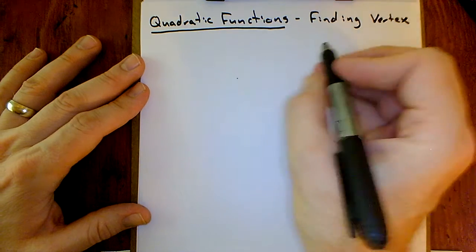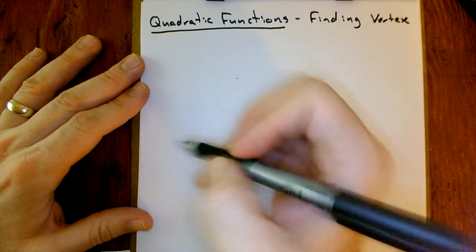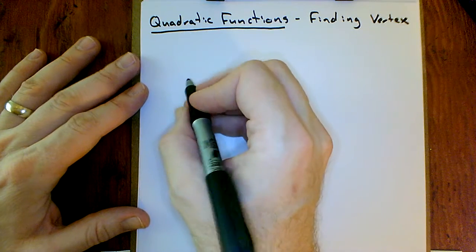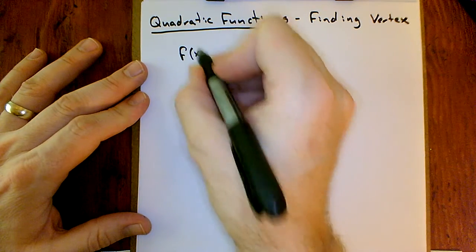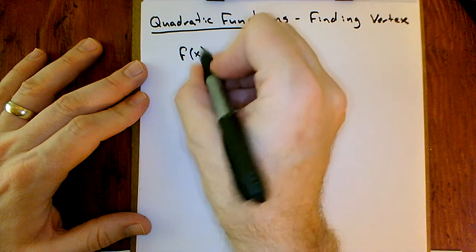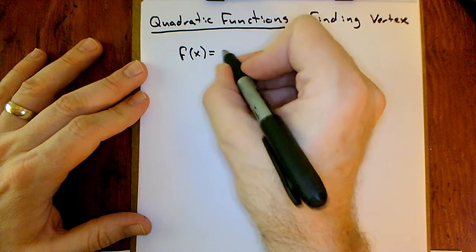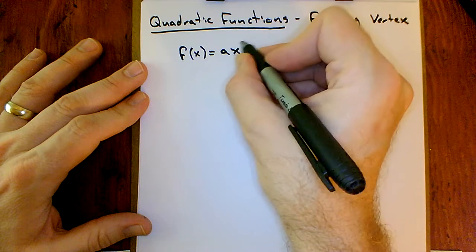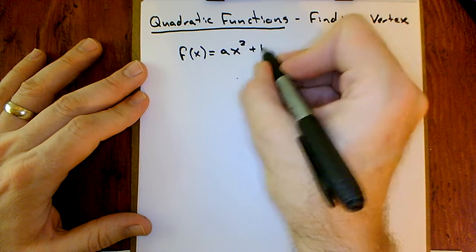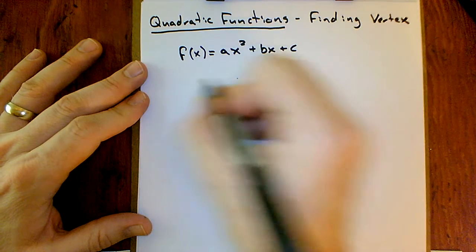And incidentally, this is one of the things that we can use to also help us convert between our two forms. So recall we had our standard form of a parabola, which was our standard quadratic function: ax squared plus bx plus c.